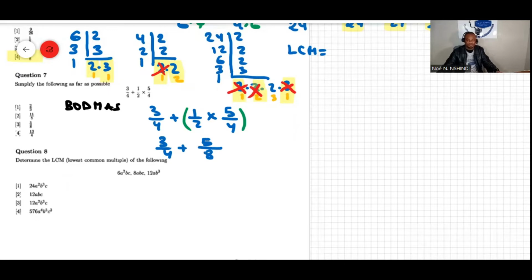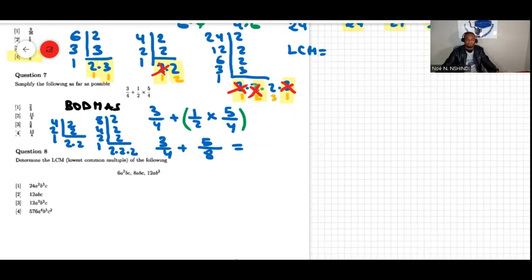So again, over here to solve this, we need to get a common denominator for both 4 and 8. Okay, and if we're unsure, we can just draw the factor tree. You see, the factors of 4 are by 2, 2 by 2, 1, and then it's 2 times 2. And the factors of 8 are by 2, 4, by 2, 2, by 2, 1. So this is 2 times 2 times 2.